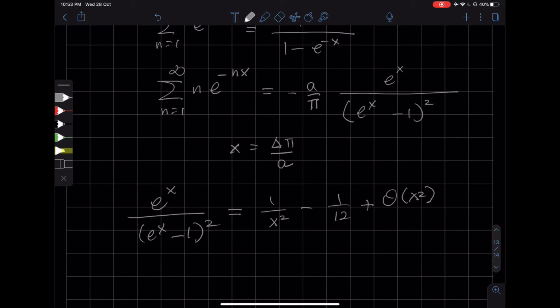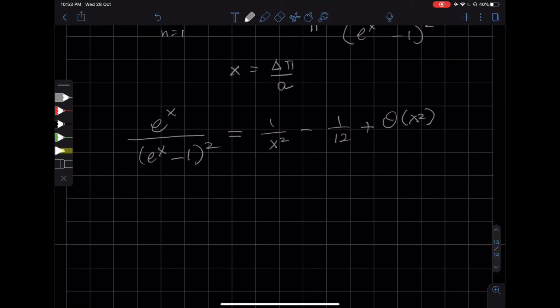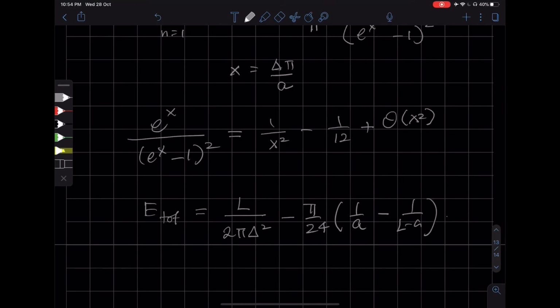So using this, what we find is that the total energy, E total, is given by a term that is independent of the small distance a, 2 pi over delta squared, and then minus pi by 24 times 1 over a minus 1 over L minus a, plus order of delta squared terms.